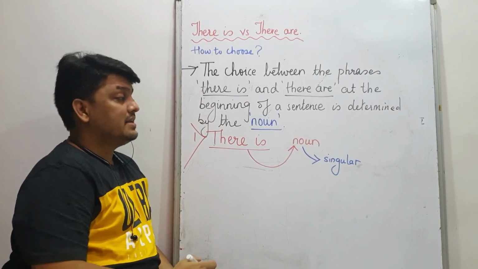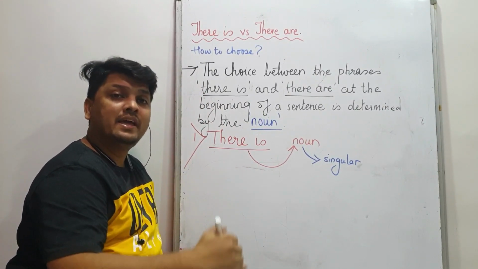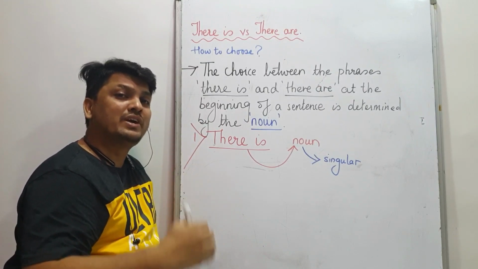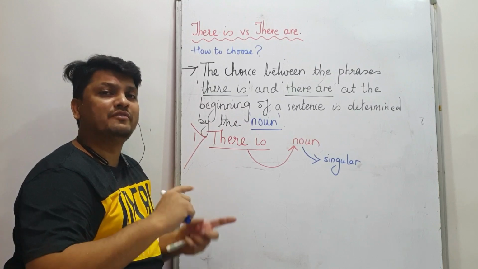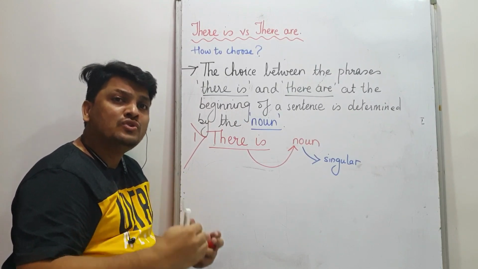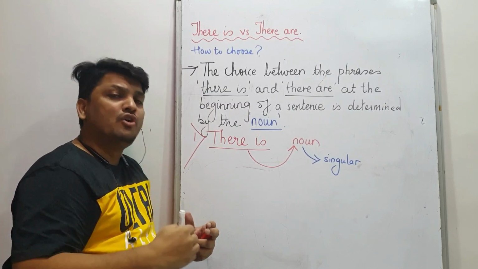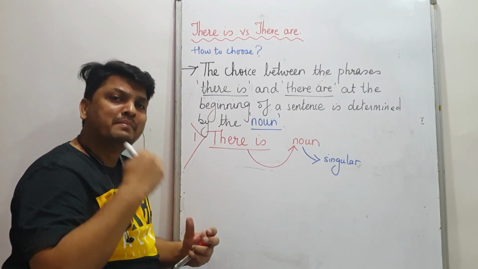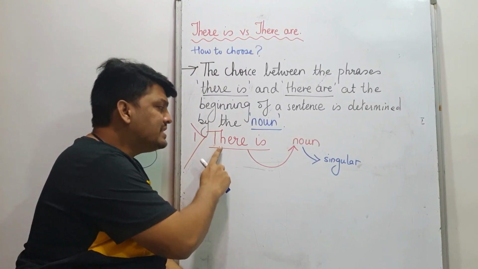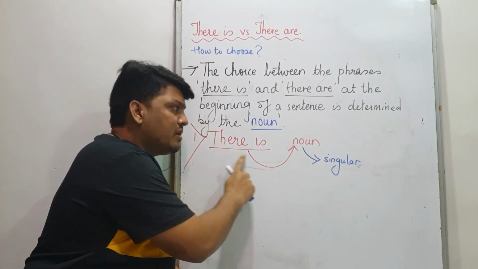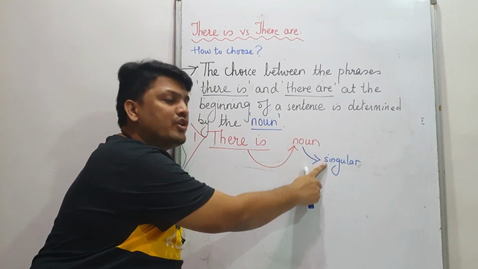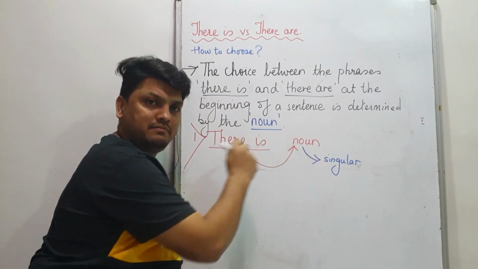Once again, today we are going to study there is versus there are. Here we are going to clear up the choice between the phrases there is and there are, and how they should be used in a sentence. As I told you, most people make mistakes when they use there is and there are. So students, when you use there is and talk about the noun after that, see that the noun should be singular.